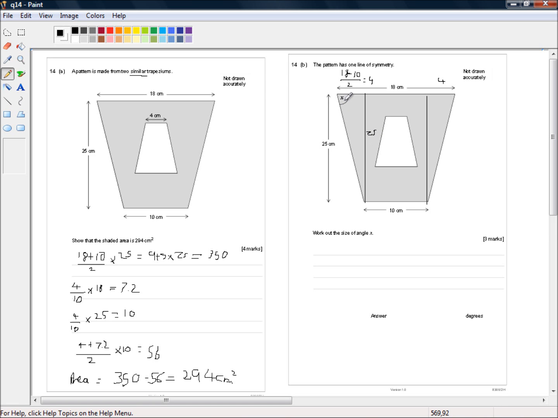So this angle here, this is the opposite over the adjacent, which is tan x. So tan x equals 25 over 4.